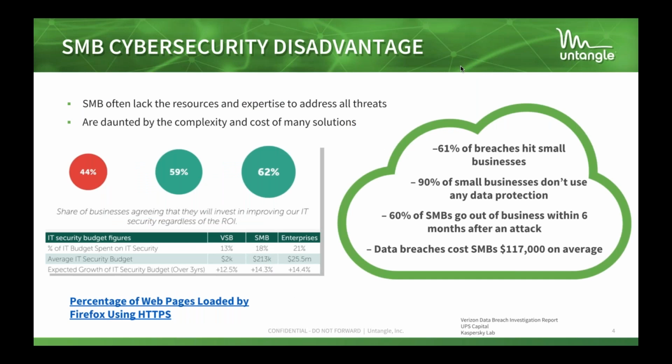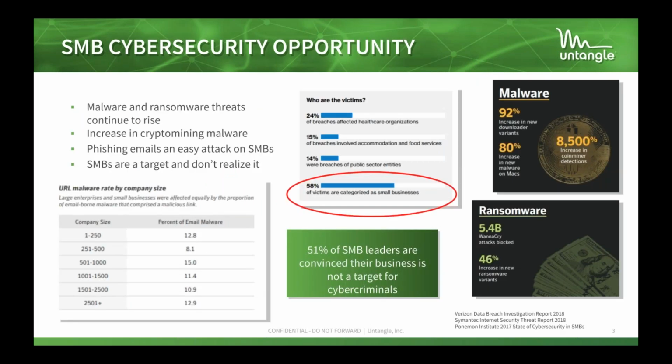So what we wanna go through real quick, we'll start with some cybersecurity statistics for small to medium businesses. As you can see here, the numbers are getting kind of scary. 58% of malware ransomware victims are categorized as small businesses, and you see below that 51% of small to medium business leaders are convinced their business is not a target for cyber criminals.